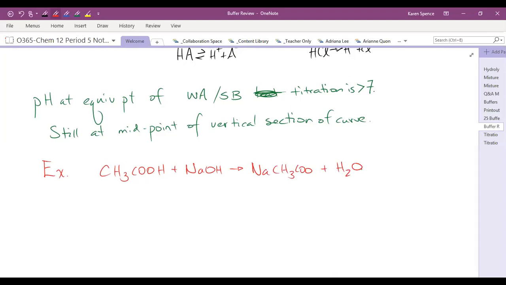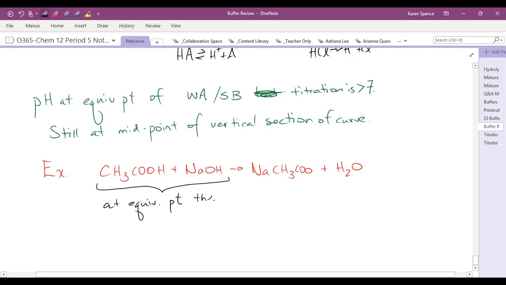At the equivalence point, we have no excess acid and we have no excess base. So remember, at the equivalence point, the reactants are all gone. Okay, so I don't have any more CH3COOH, I don't have any more NaOH, all gone.